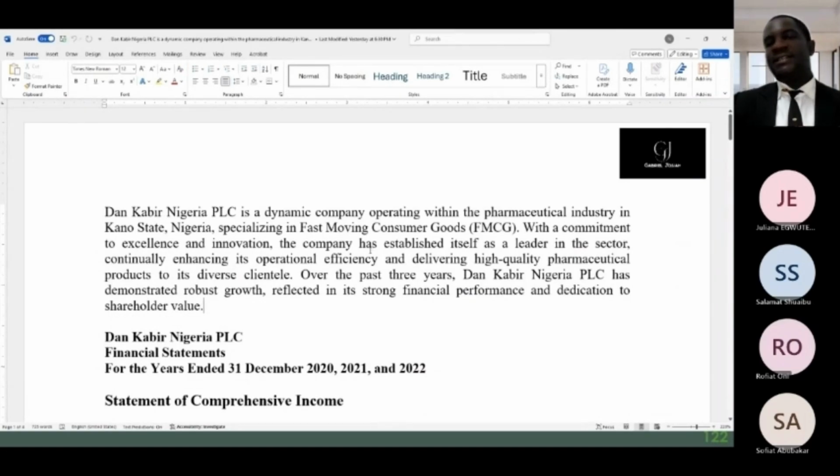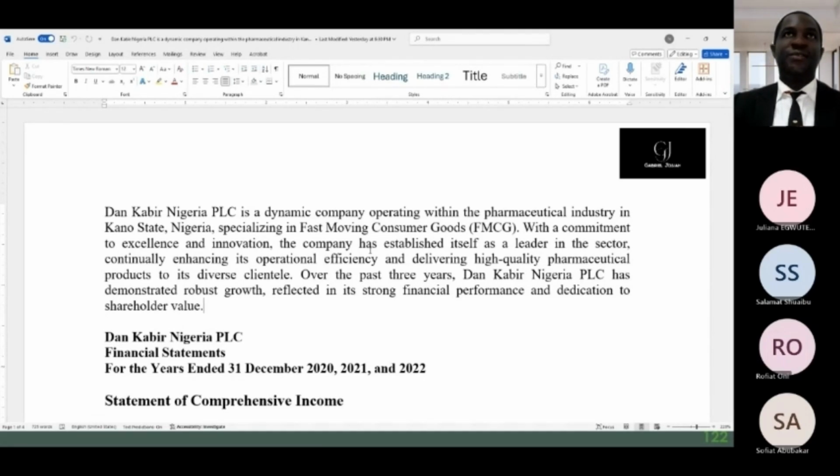So it's a tripartite financial statement, just like the examiner provides. It's just that he has not tested cash flow statement so far. So we'll be looking at the cash flow statement inclusive of this financial statement.